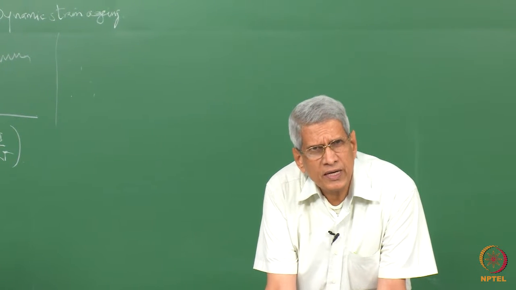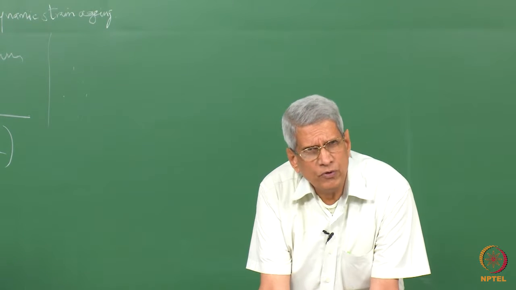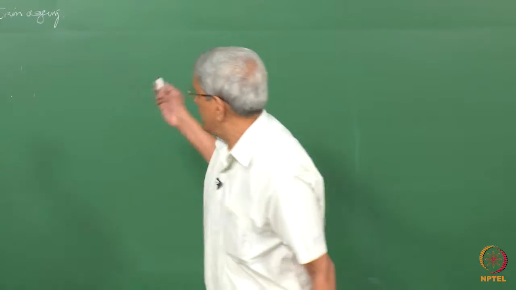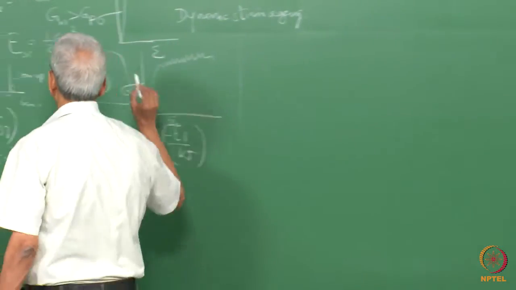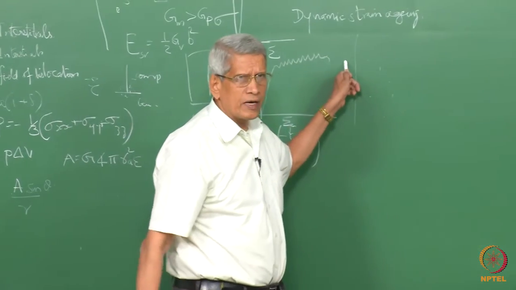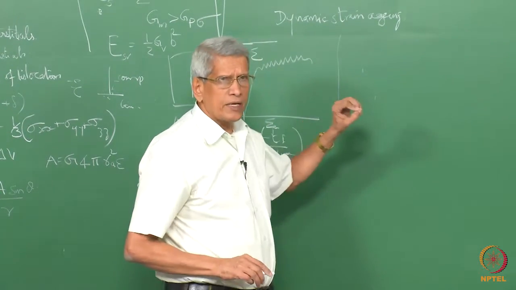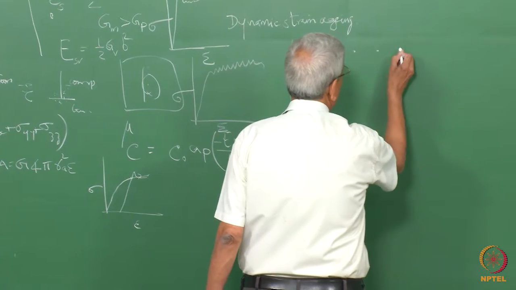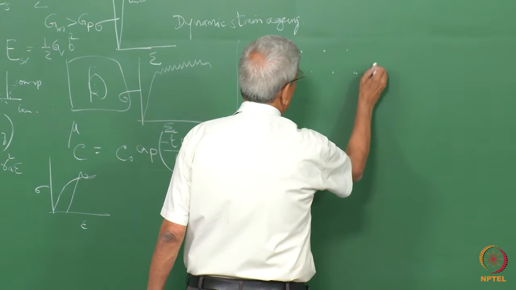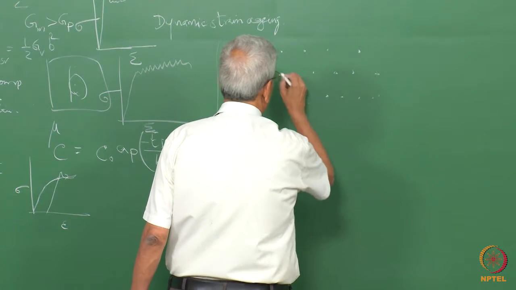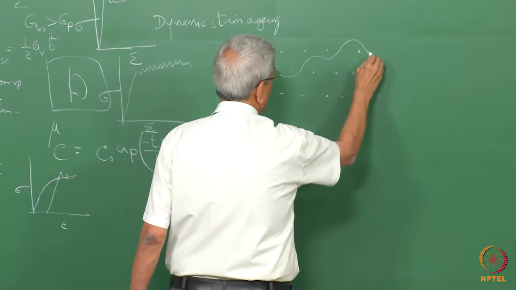Suppose this interaction is a very diffuse one, in the sense that the defects are present at various regions. How do we consider the interaction when the defect is diffuse? Suppose defects are present like this, and the dislocation moves like this.